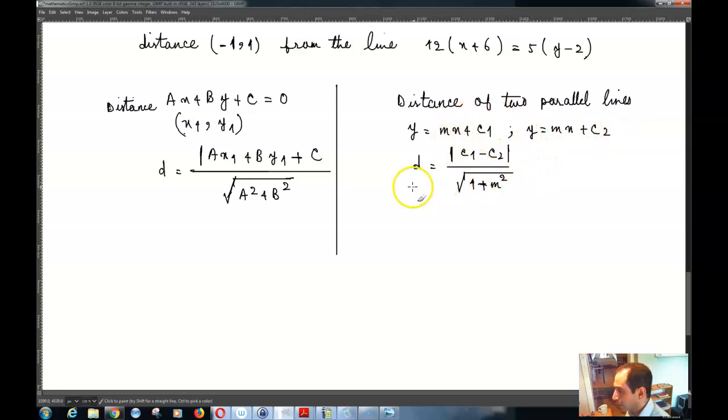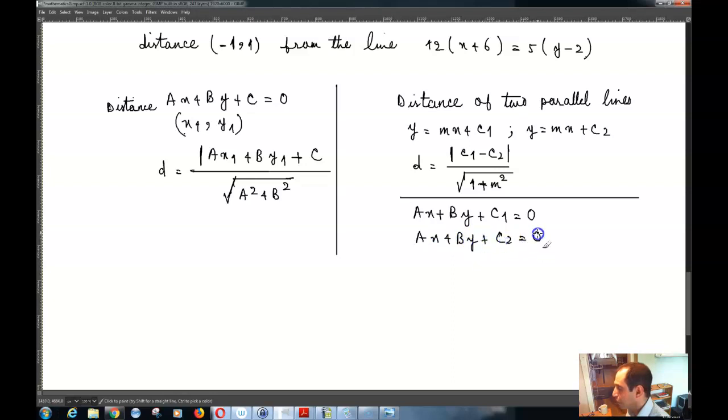Now, if the lines are written in this manner, as ax plus by plus c1 is equal to 0, and ax plus by plus c2 is equal to 0, then the distance between these two lines is going to be d is equal to the absolute value of c1 minus c2 over the square root of a squared plus b squared.